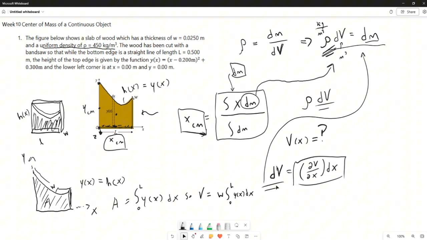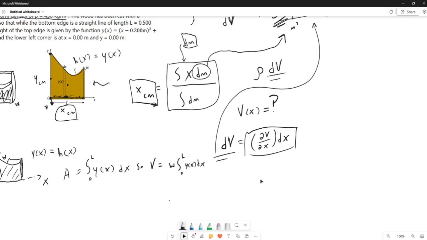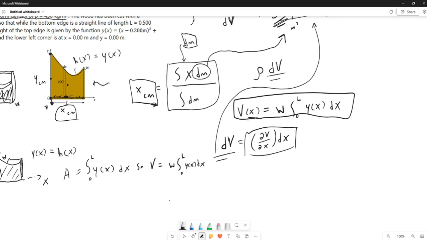And now we actually have volume as a function of x. Even though there's an integral, it's still just a formula, right? 'Cause a definite integral is just a number. So what we have here is we know what our volume is, since we're given an explicit definition of the curve here with respect to x.